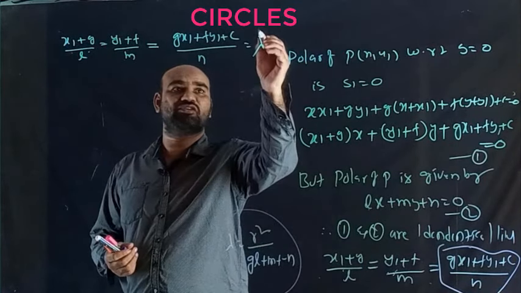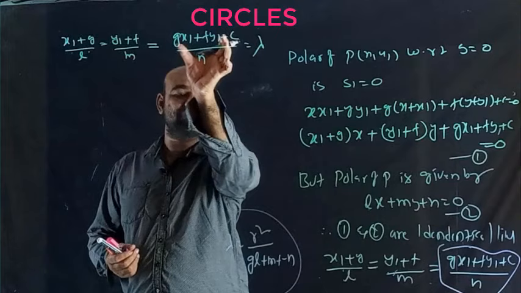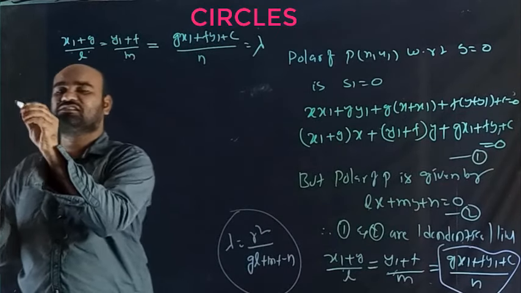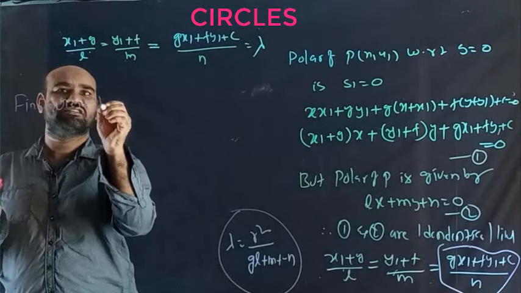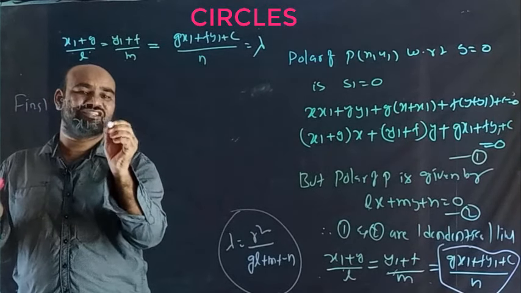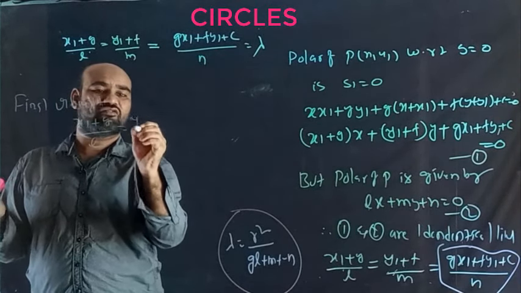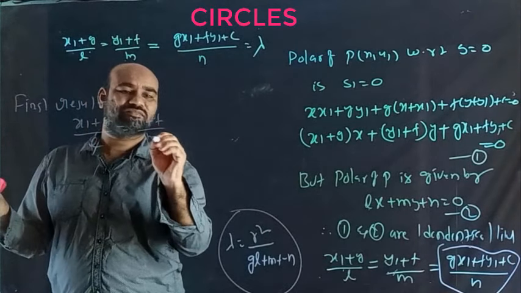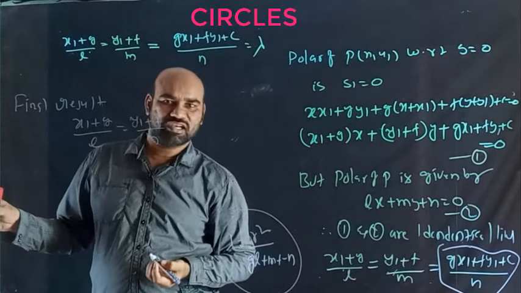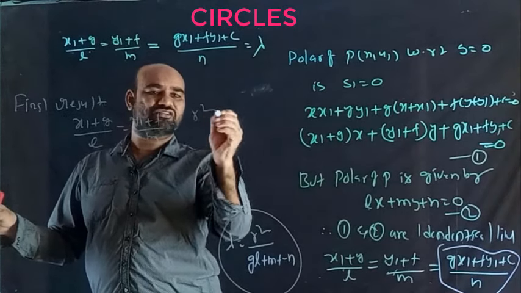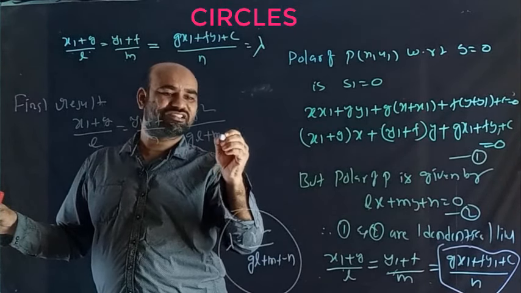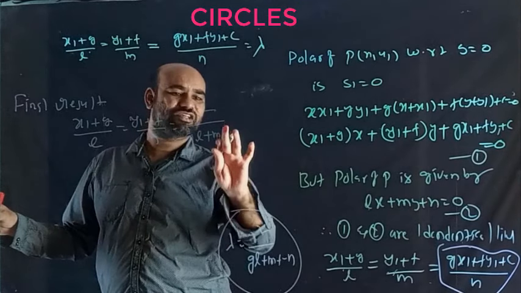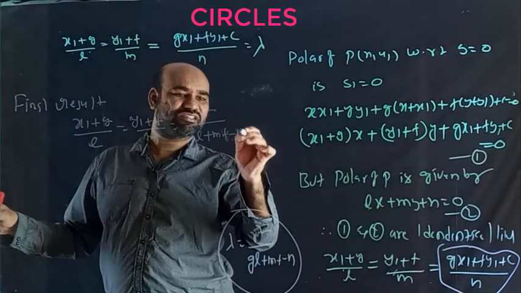So I want to substitute here, or instead of this I can write this. Final result: x1 plus g by l equal to y1 plus f by m. Instead of this I can write lambda, that is, r square by gl plus mf minus n.